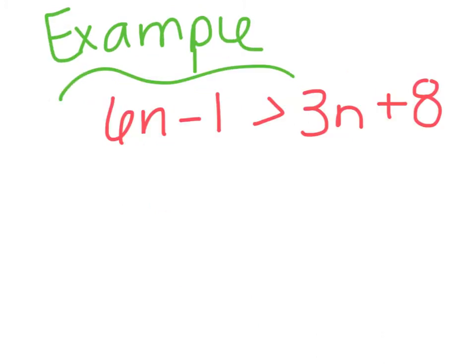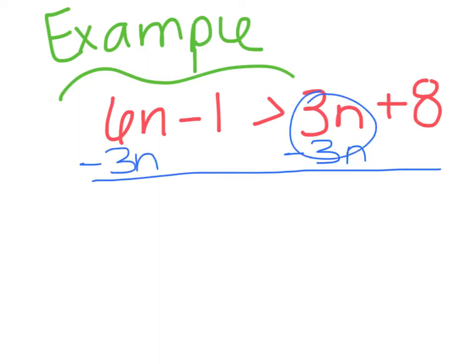Another example. This one answers the question, well, what if there are variables on both sides? Then what do I do? So just like we've done before, we distribute, combine, and then untie. There's no distributing here, but we do have to move the one variable to the other side. Again, it doesn't really matter what you move where, as long as you're moving it correctly.